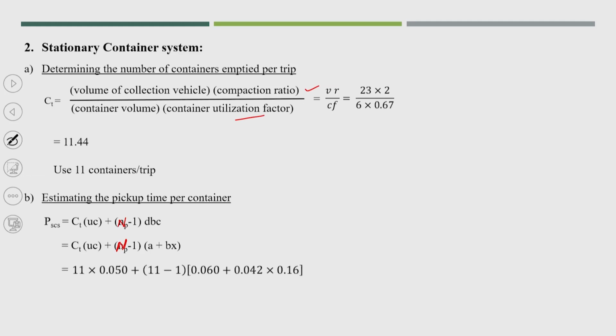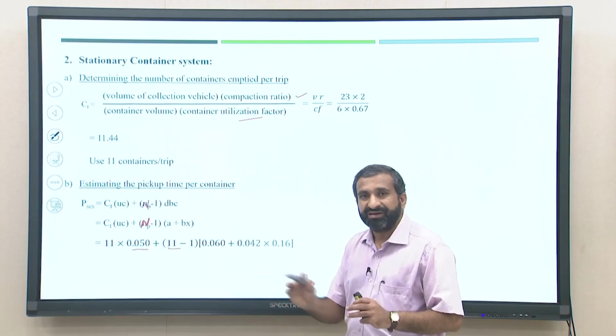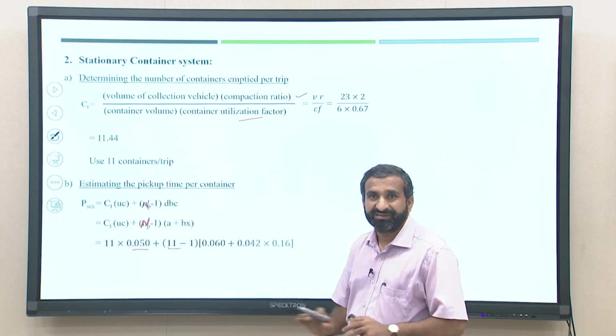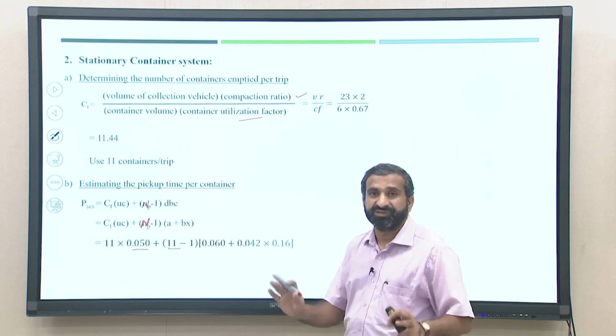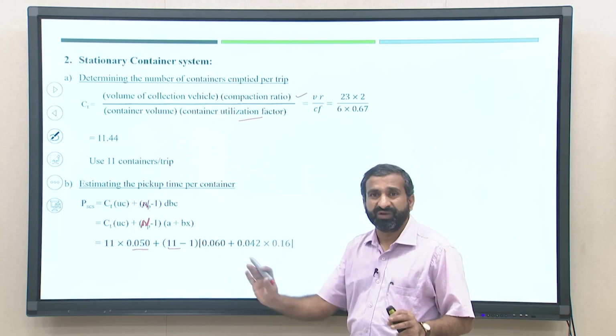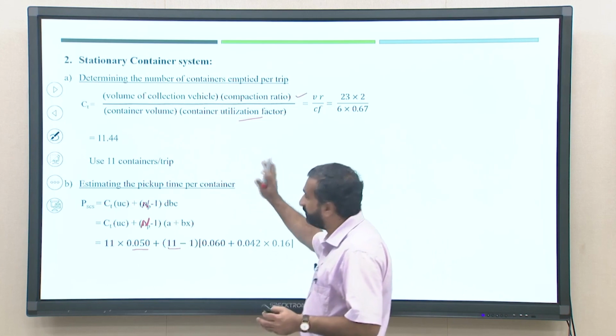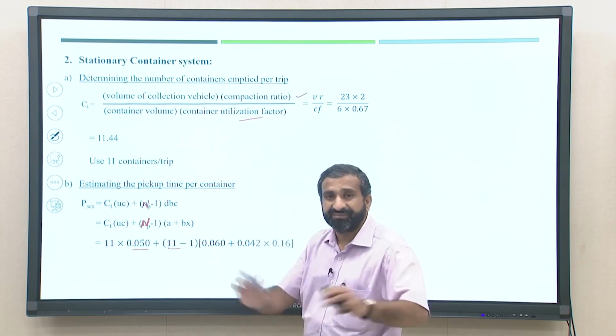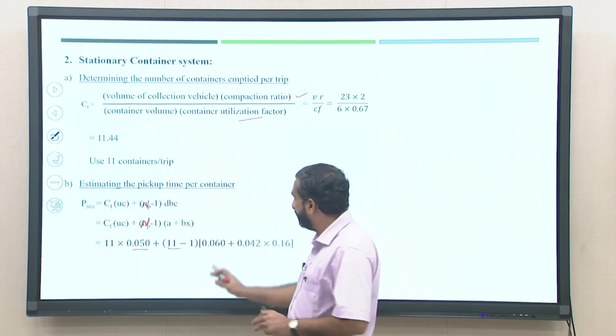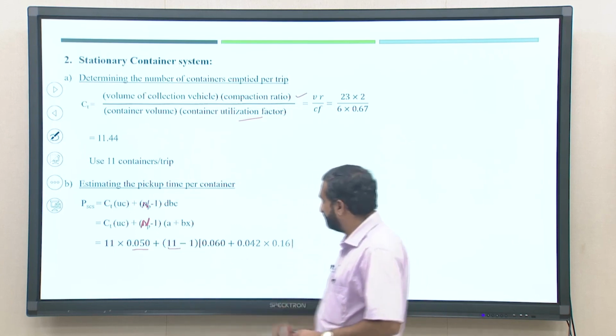UC is already given, and here NP is equal to CT, which we assume is 11. Why? Because the number of containers at each location was not given, so we just assume only one container at one location. Whatever the number of containers emptied per trip, that will be the NP value.